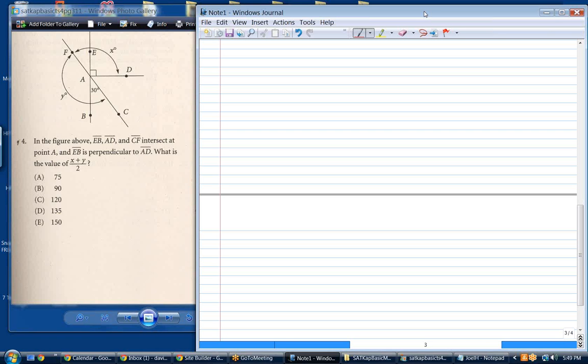Can we figure out x and y individually? Yes. What's x? This is 90. X is the measurement from here to there. What's this angle right here? That's 30 degrees. Okay, so what's x? 120. Okay. What's y?